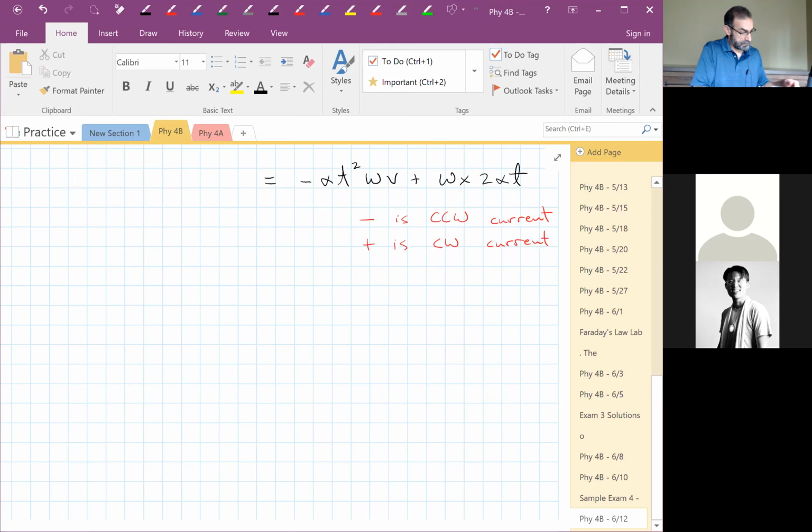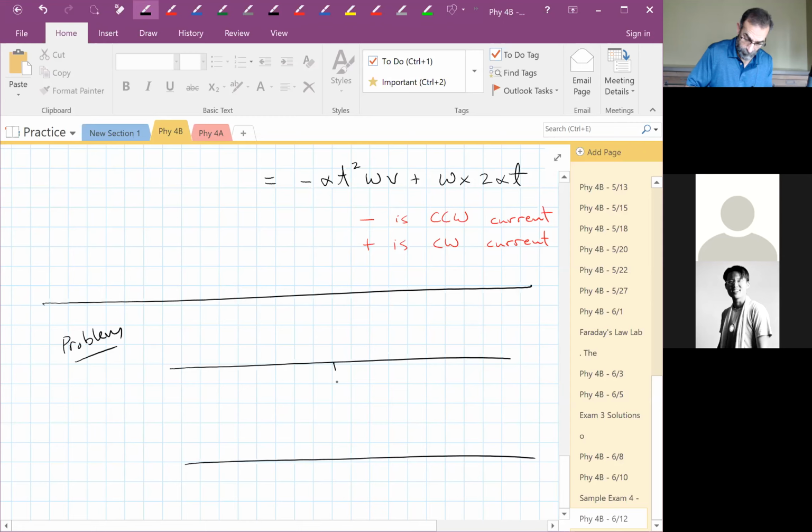Let's do this one. And then this one's going to be able to slide back and forth. Let me draw it just a little differently. And this one can slide back and forth.